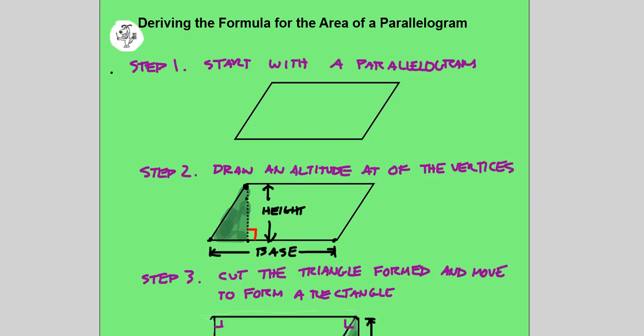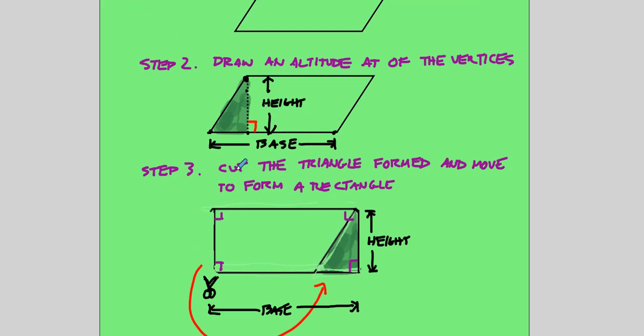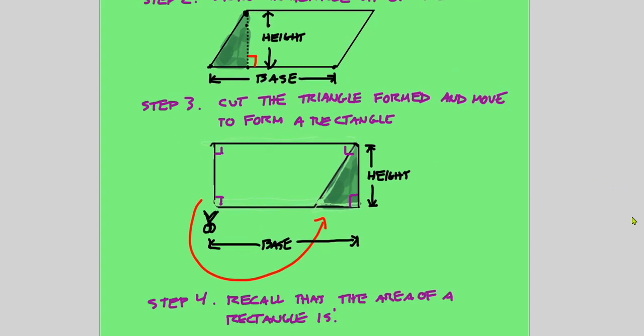So I'm shading this, and now I'm going to cut it right here with some scissors. I'm going to take that piece and move it over to here, and notice I form a rectangle.